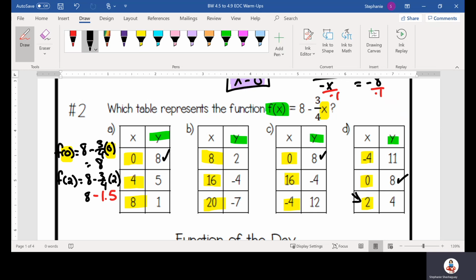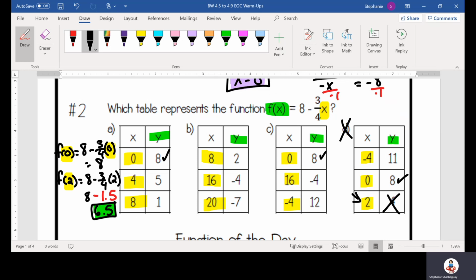So the answer here is going to be 6.5. Well, when my input was 2, my output was 6.5. That does not match what I have in table D, so I can cross that option out.